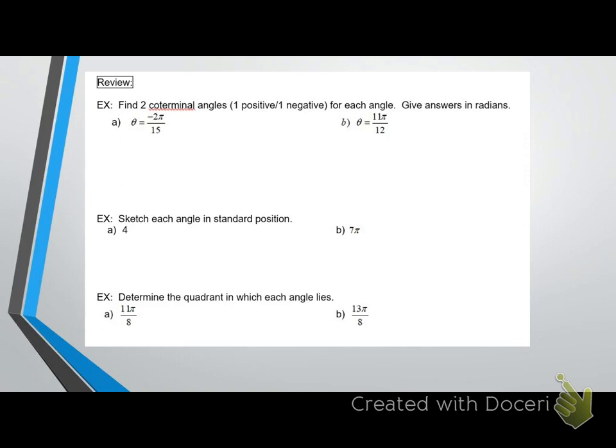All right. Some review. Find two coterminal angles, one positive, one negative, for each angle. For each of these, take a couple seconds, stop the video, try to come up with the answer, and then start it back up and see if you're right.